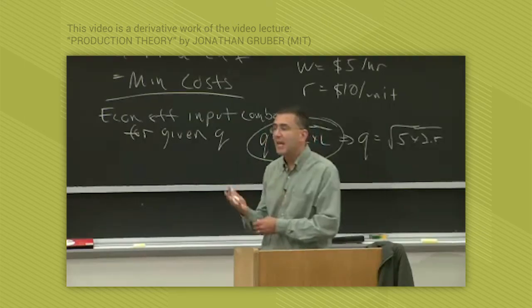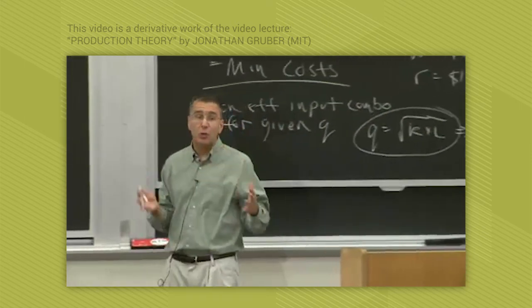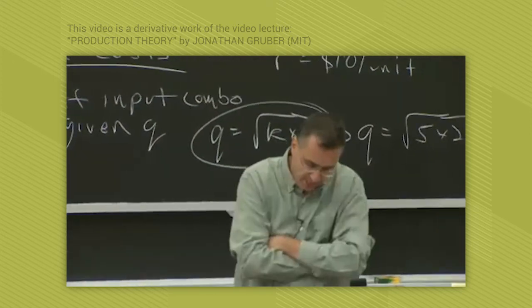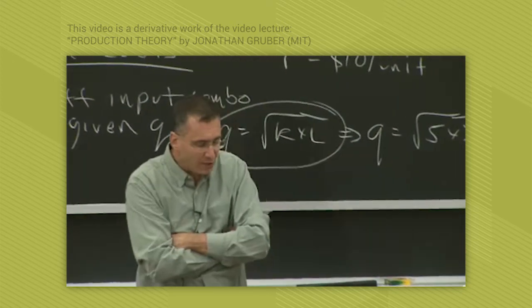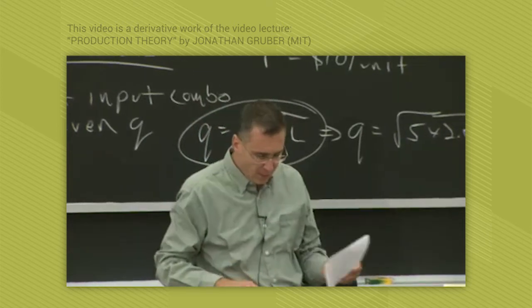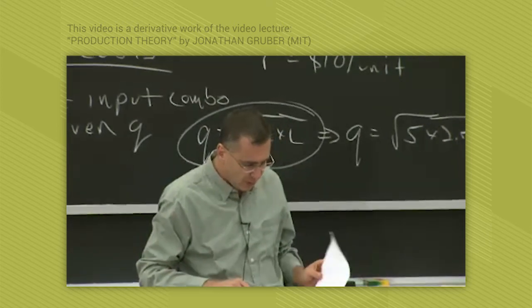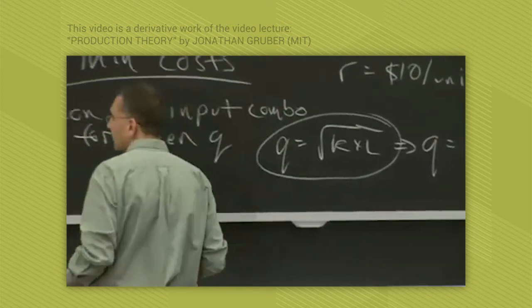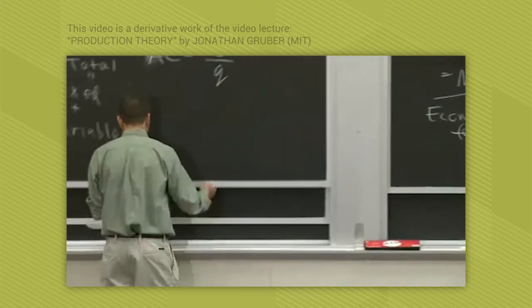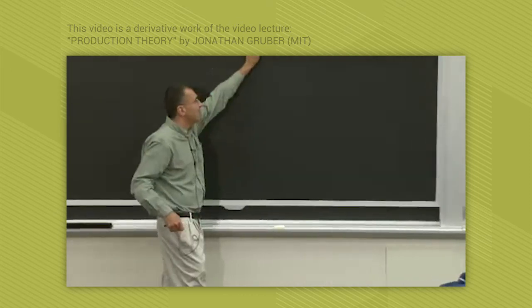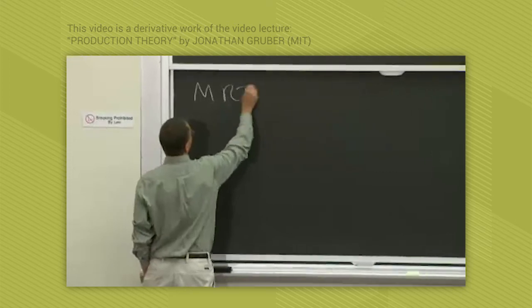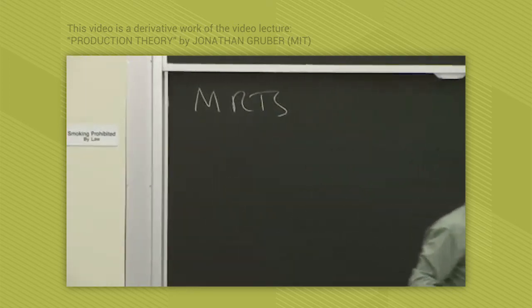Now, once again, as always, we want to think about things intuitively, graphically, and mathematically. Okay, let's think for a second about the mathematics. We talked last time about the slope of the isoquant at any given point. The isoquant slope is the marginal rate of technical substitution, right? We defined that last time.